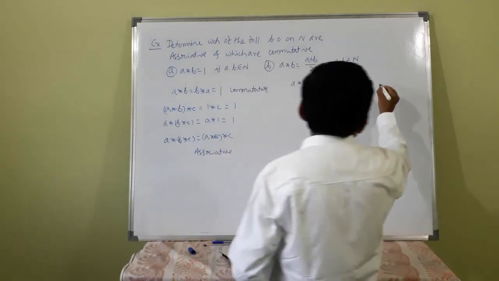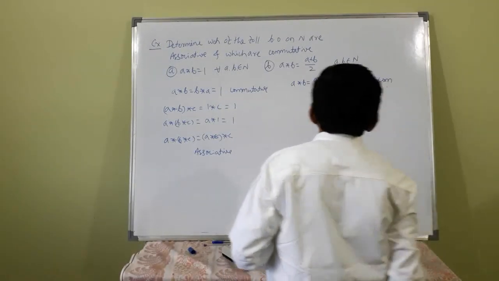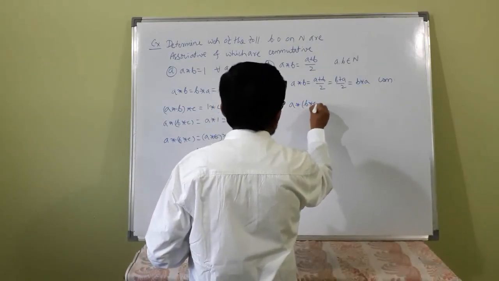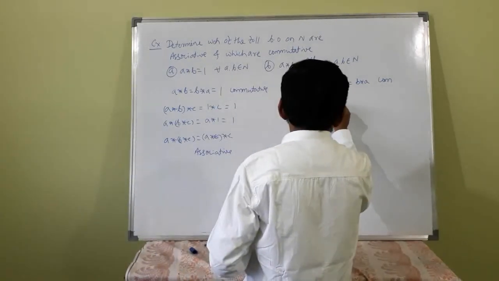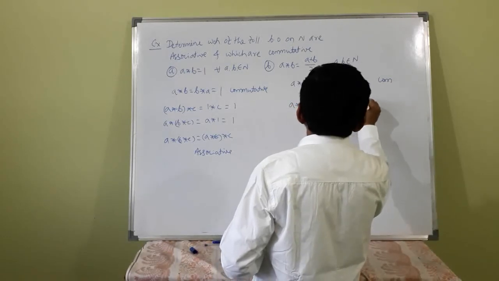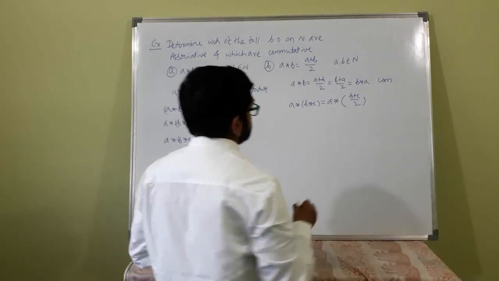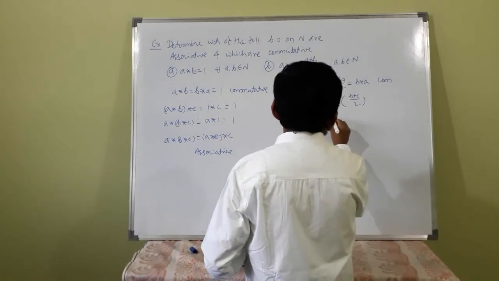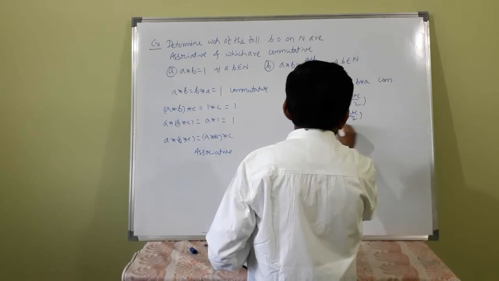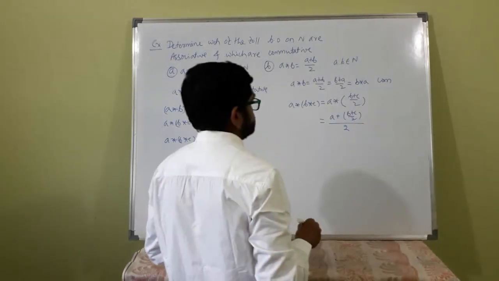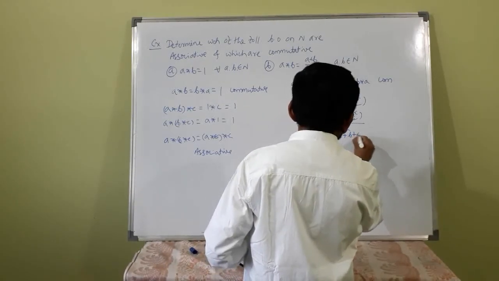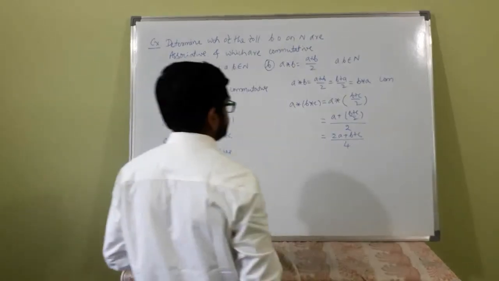So this is commutative. (a star b) star c is equal to ((a plus b) by 2) star c, which is (a plus b plus 2c) divided by 4.